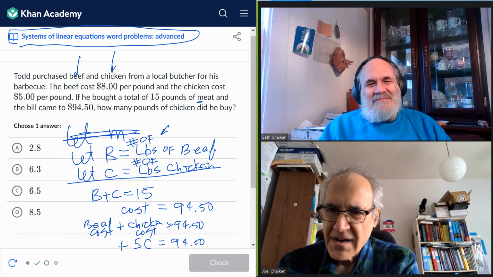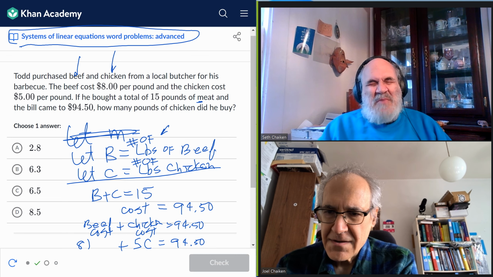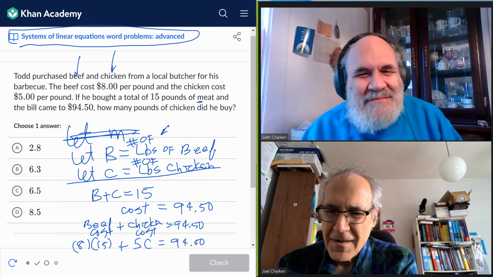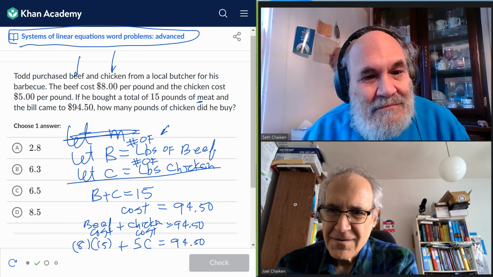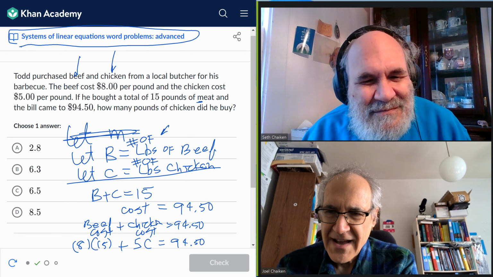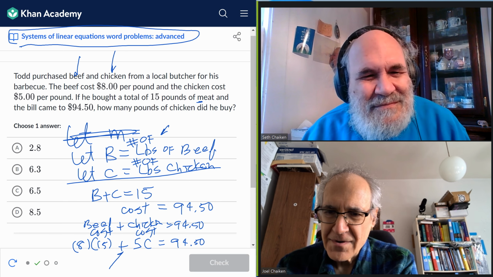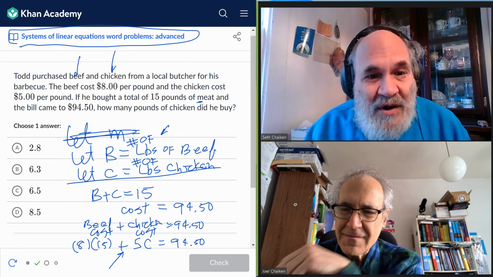And they bought 15 pounds of meat. Fine. Wait a second, though. This is only coming out to be one unknown. Something's wrong.